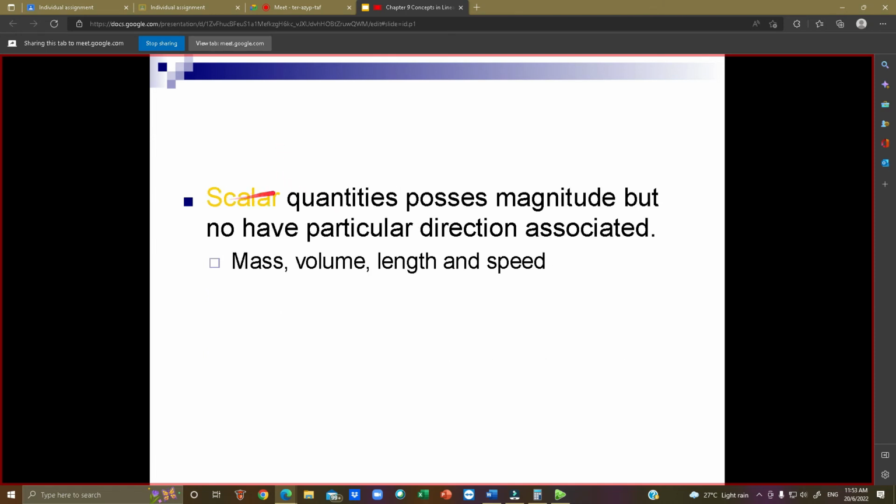So scalar units, however, possess magnitude but do not have a particular direction, such as mass, volume, length and speed. Kita tak ada negatif 80 kg. Tak ada. Okay, tak ada. Tapi negatif 80 meter per second ada. Means it moves to the left ataupun it is undergoing a deceleration case.